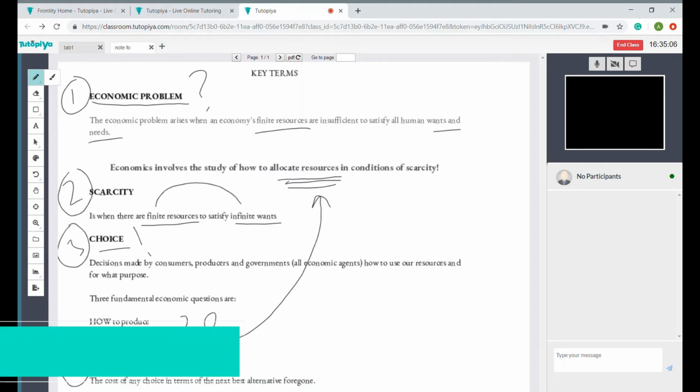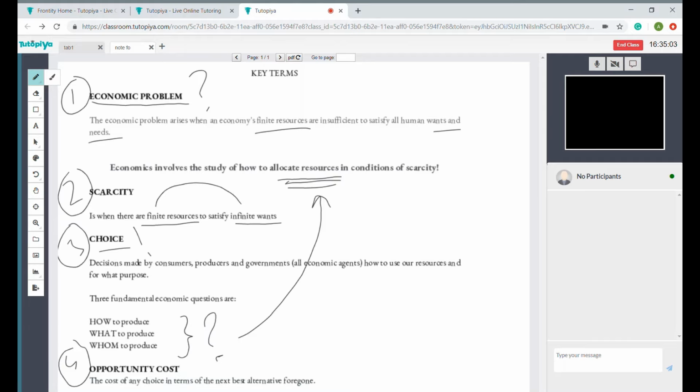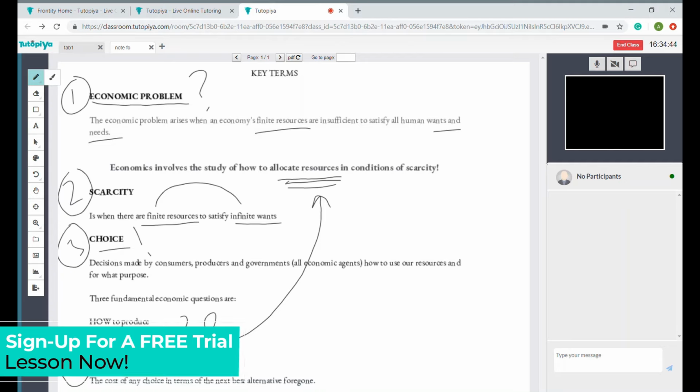So once more, decisions and choices are made by consumers, producers and governments on how to best use our resources and for what purpose. Now, when we make a choice as a consumer, producer, or as a government, we are choosing between a set of choices, essentially.